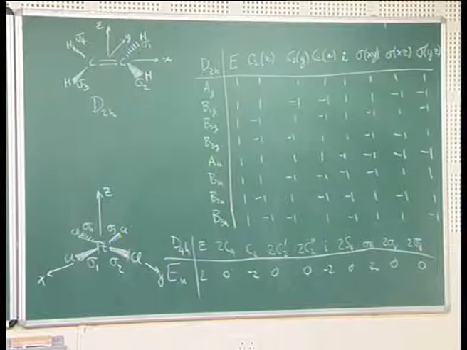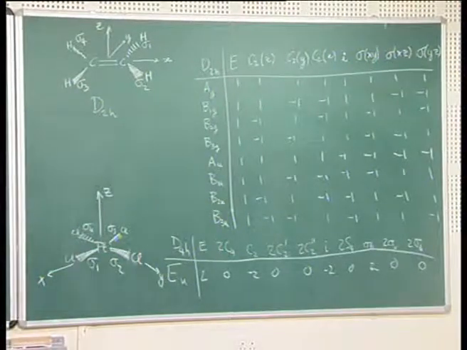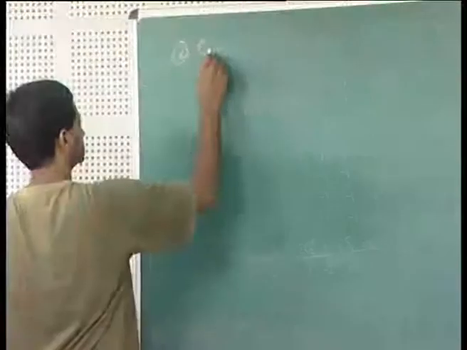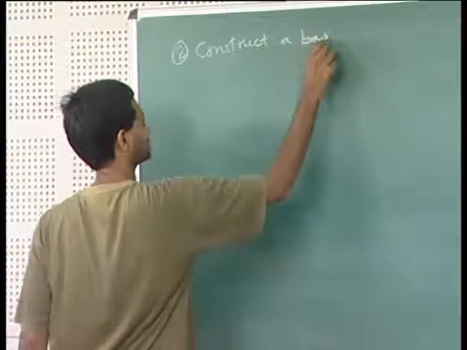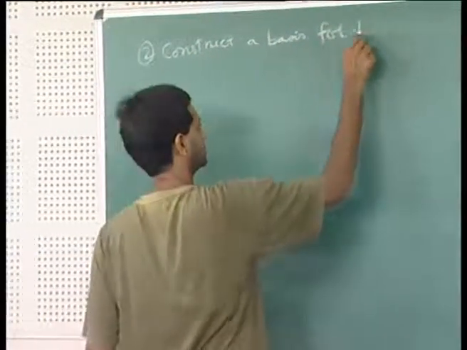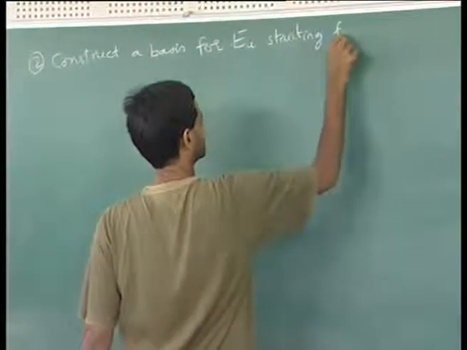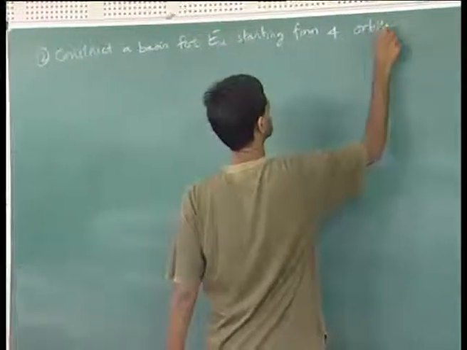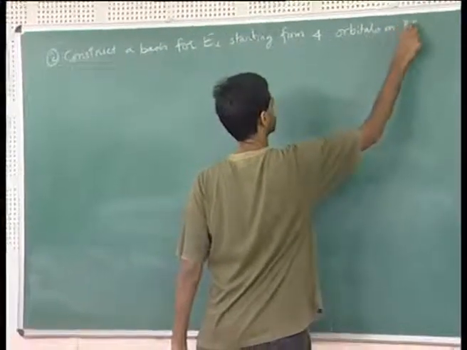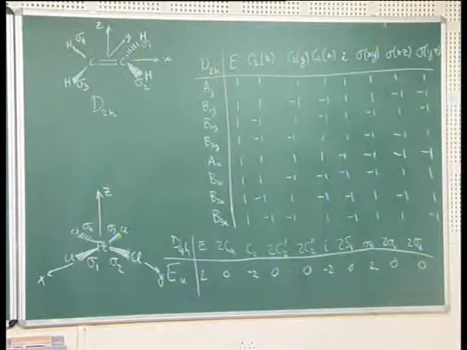Instead of going through the whole laborious procedure, I'll just mention what we want to do: construct a basis for Eu starting from 4 orbitals on Pt. Okay, so the four orbitals connected to Pt.